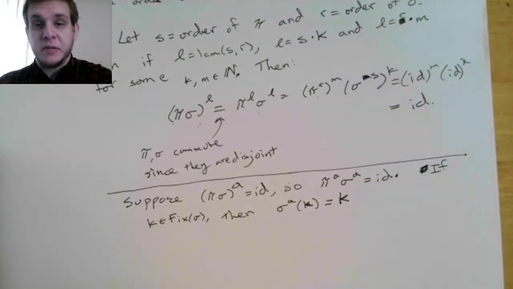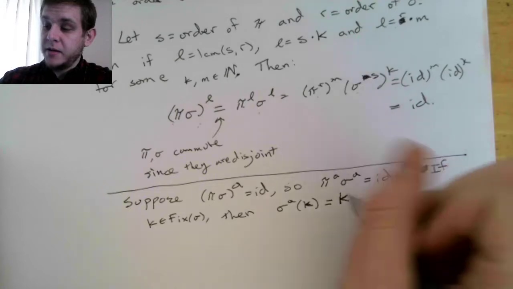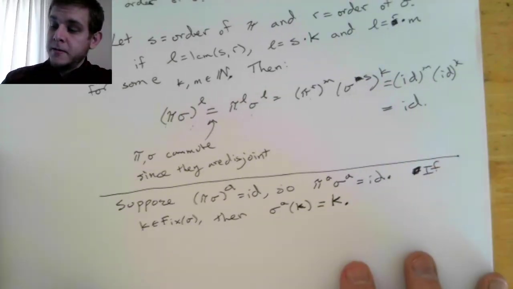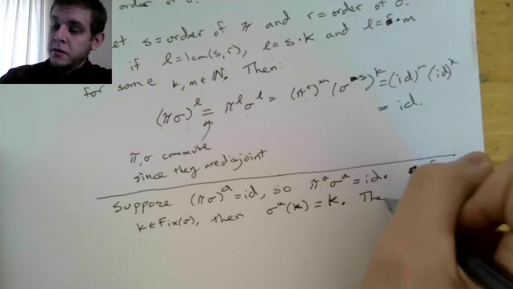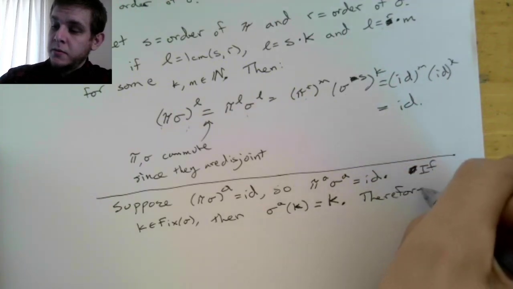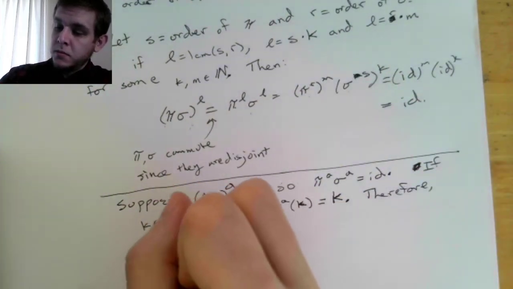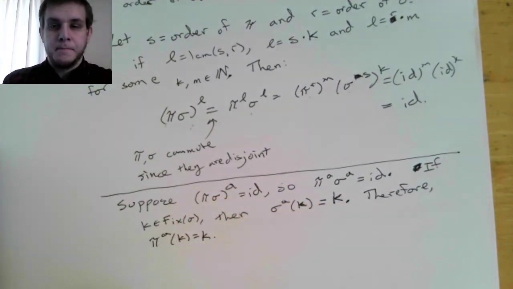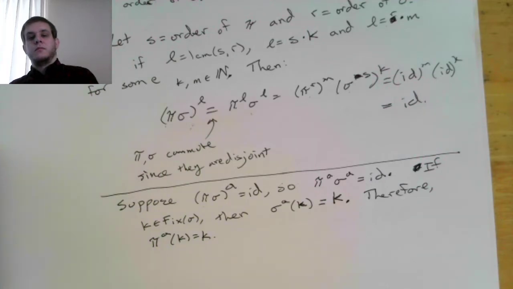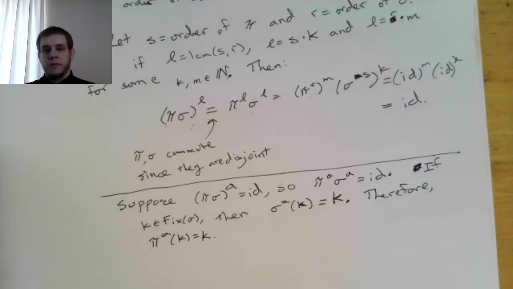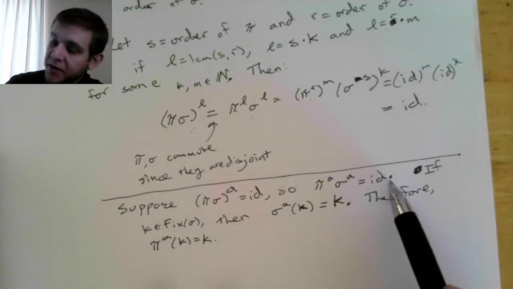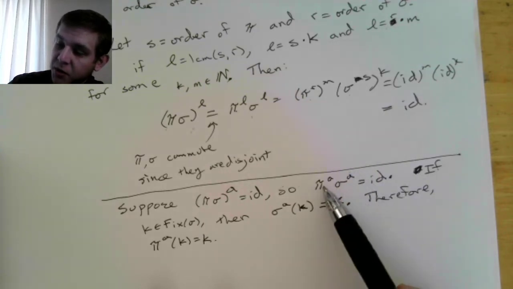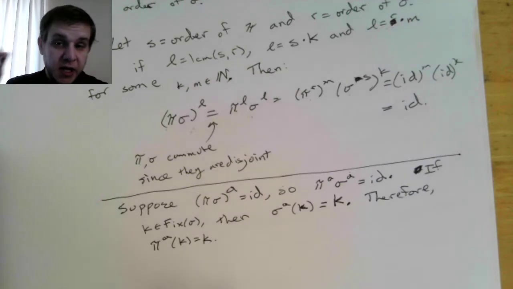No matter how many times I apply it, so I apply it 8 times, I get K back. But pi to the A of K is K, because the identity of K is equal to K. When I apply this to K, I get K, so pi to the A of K is equal to K.